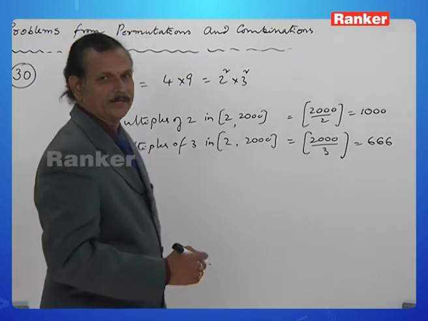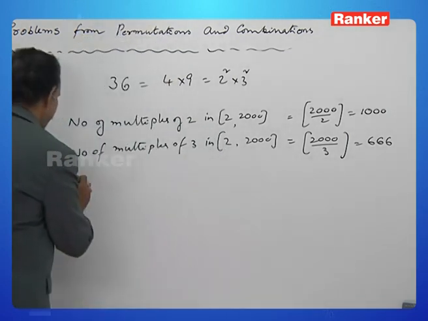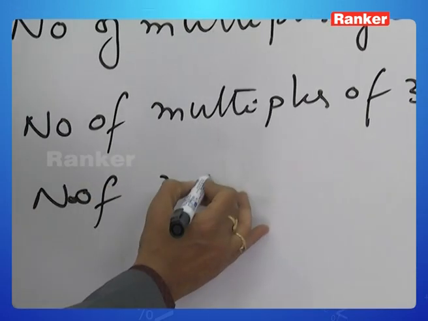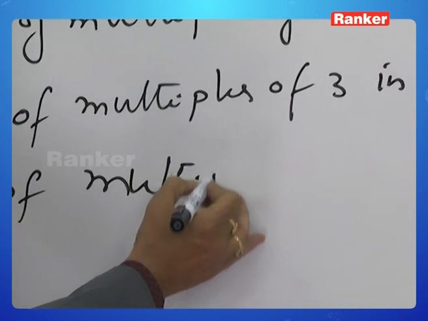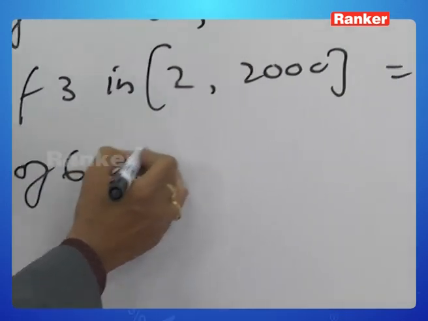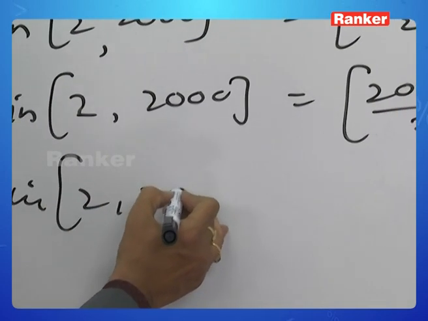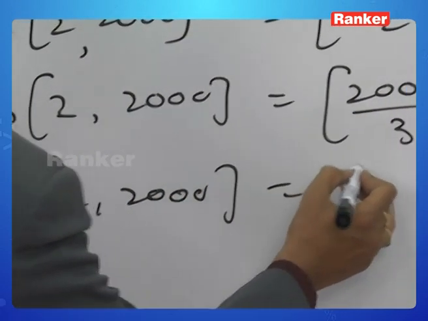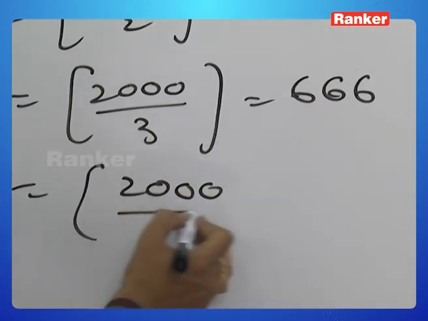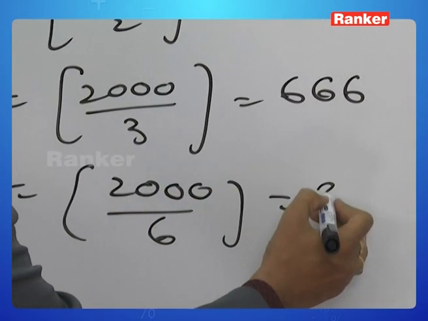In a similar way, the number of multiples of 6 in this interval is equal to 2000 by 6.